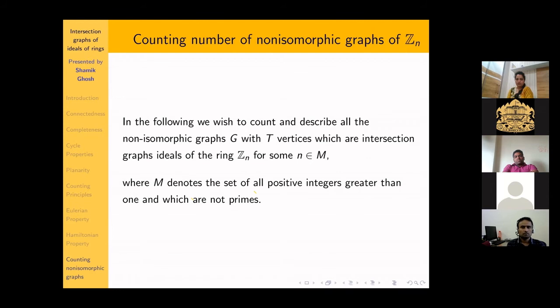But one interesting result is that every simple undirected graph is an induced subgraph of some intersection graph of ideals of rings. It may not itself be the intersection graph of ideals of rings, but it is an induced subgraph of some mother graph, you could say, of intersection graphs of ideals of rings.